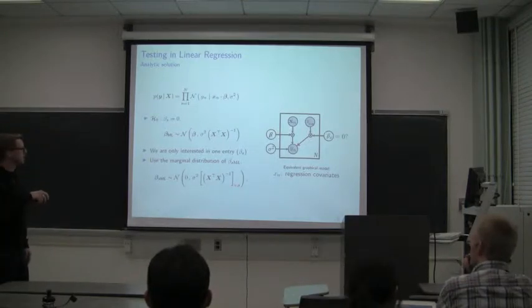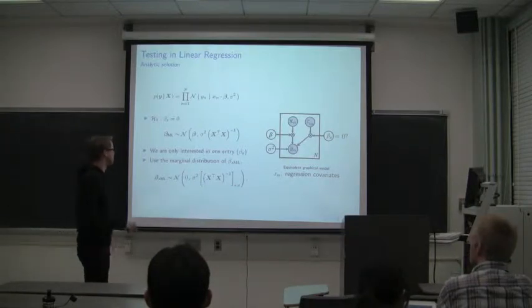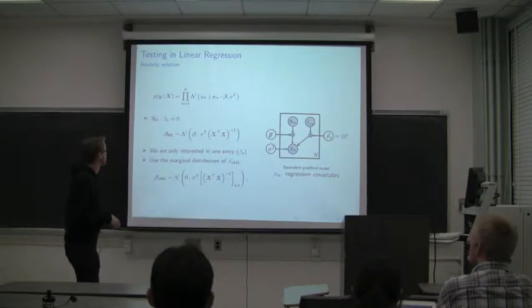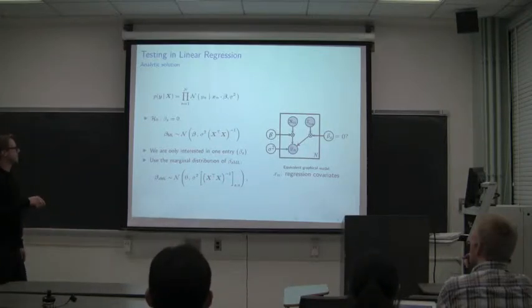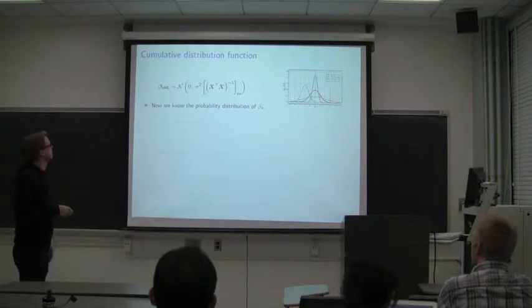So it's the s element of the diagonal of this X transpose X inverse times the variance.